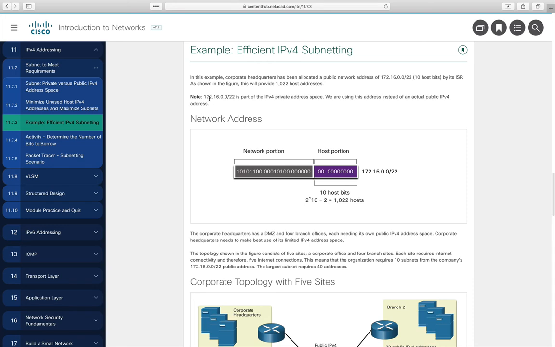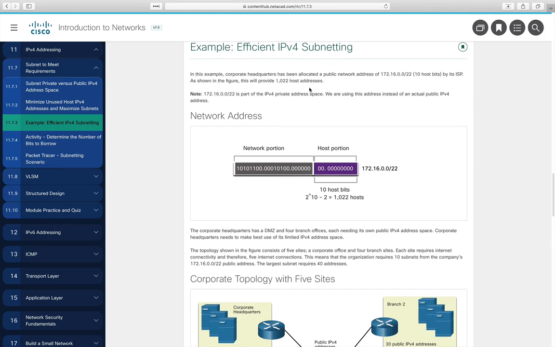It's out of 172.16, which is the Class B private address space. And what we're doing is we are wanting 10 host bits so that we can have subnets as shown here that give us 1,022 host addresses.